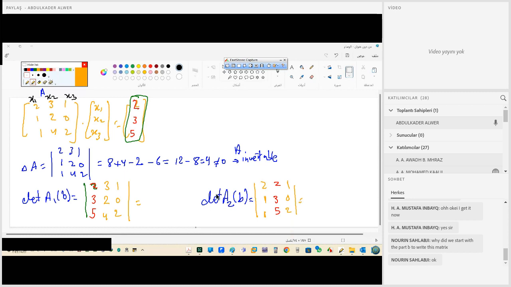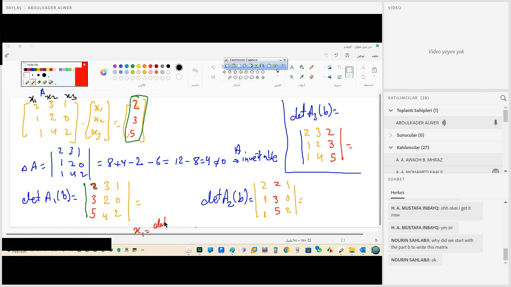Is it clear? Now the last one is det A3 B, it is 2, 1, 1, 3, 2, 4, and the last one here it is 2, 3, 5. Calculate.